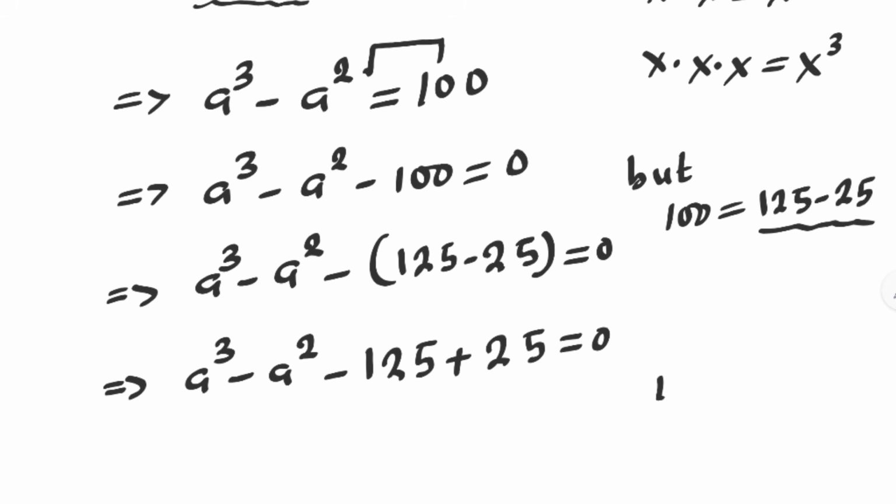Now 125 is equal to 5 raised to power 3. Then 25 is equal to 5 squared.